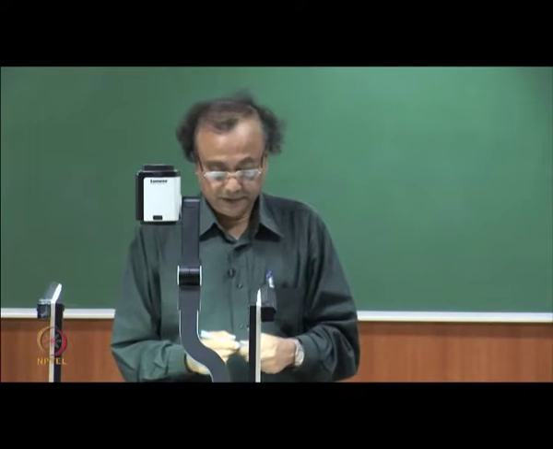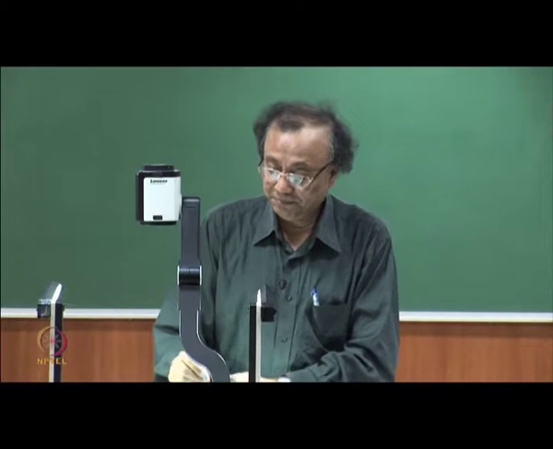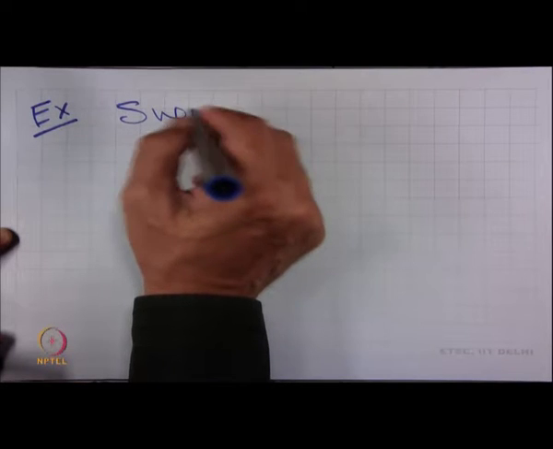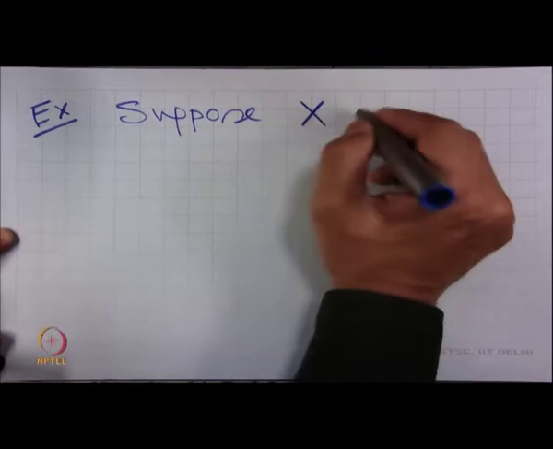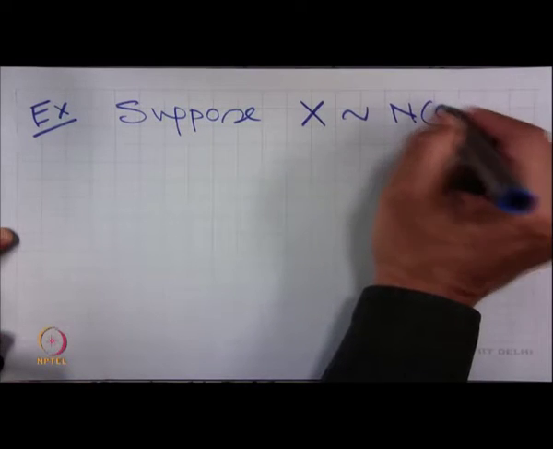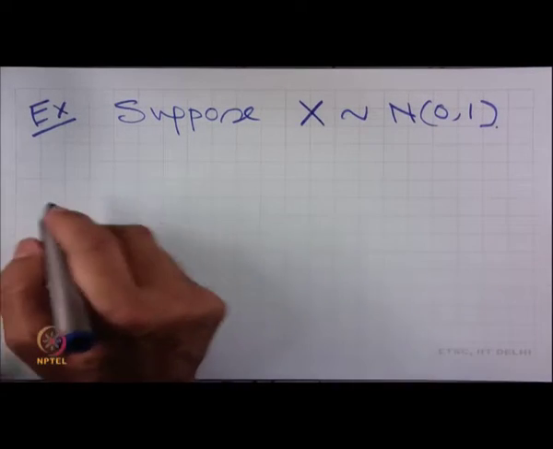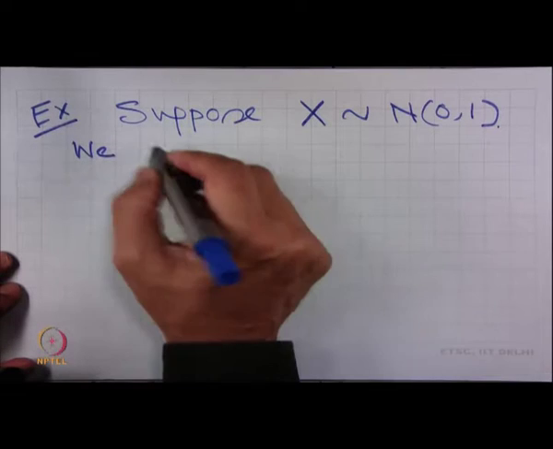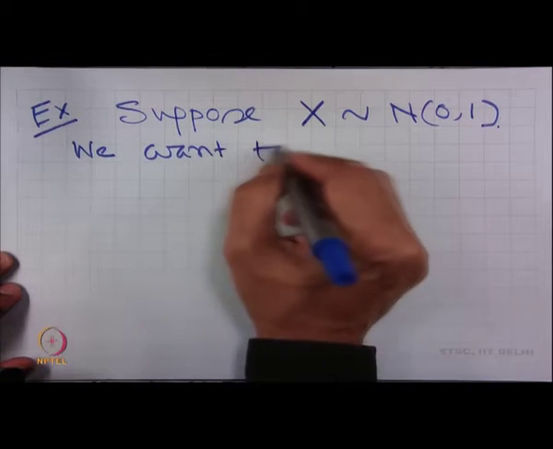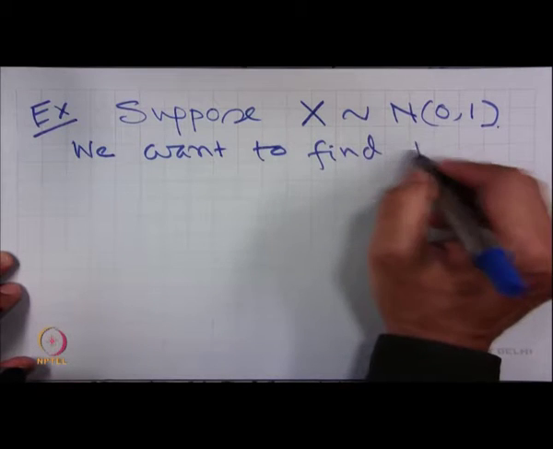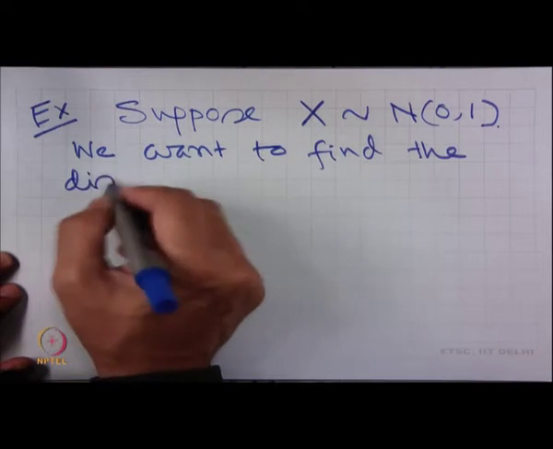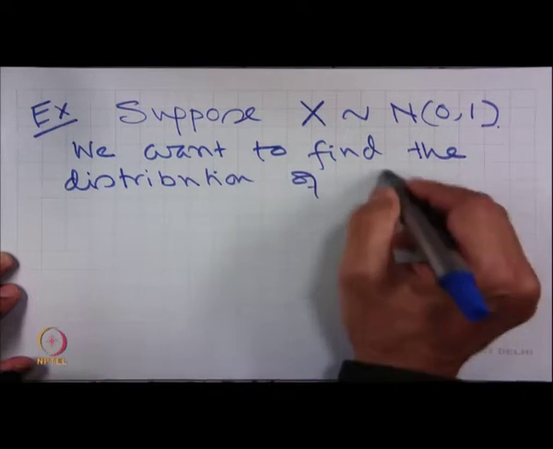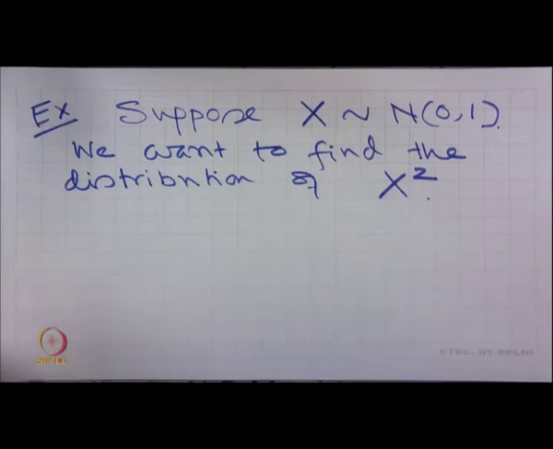Let us now look at a slightly more complicated problem. Suppose x is a variate with normal 0, 1. We want to know the distribution of x square.